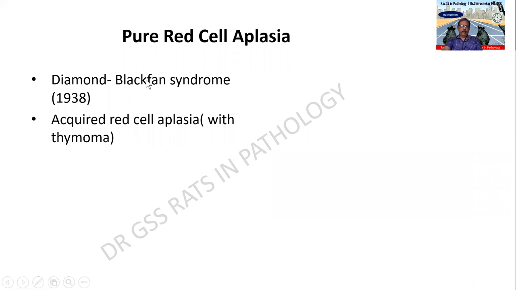I have also given it in the mnemonic earlier, in the year 1938. And it is called Diamond-Blackfan syndrome. It can be associated with thymoma. It need not be associated with thymoma. When it is not associated with thymoma, it can be Diamond-Blackfan. When it is acquired, an acquired red cell aplasia can be associated with thymoma, a tumor of the thymus.